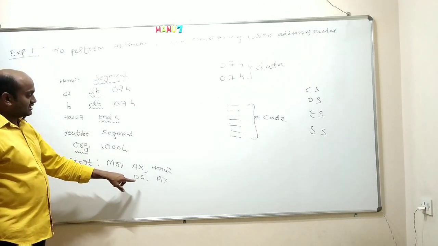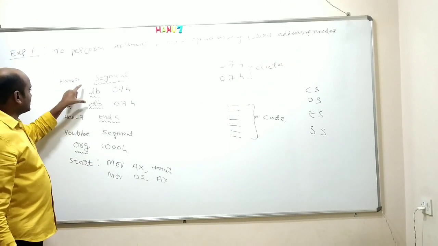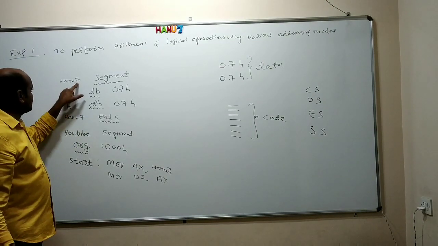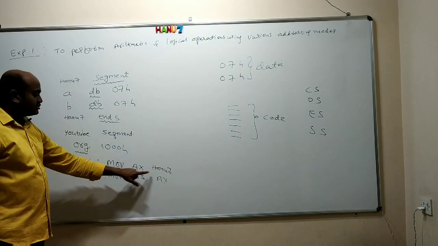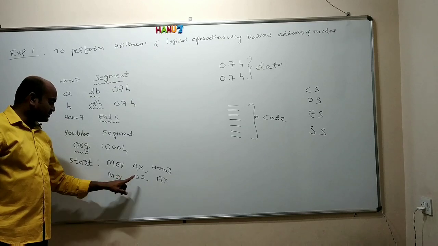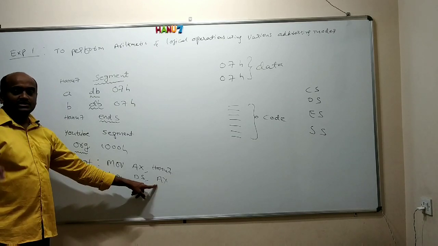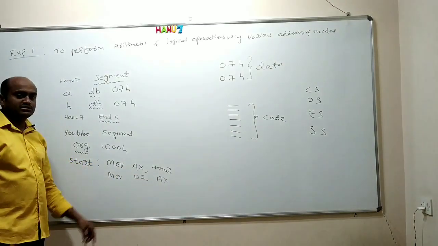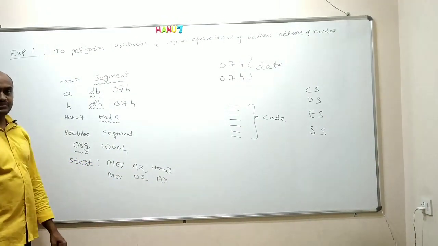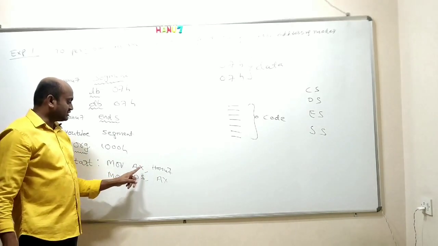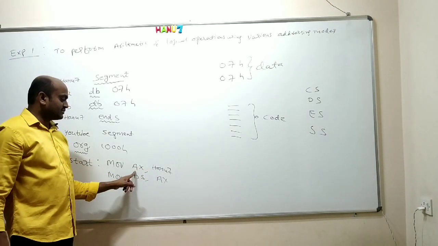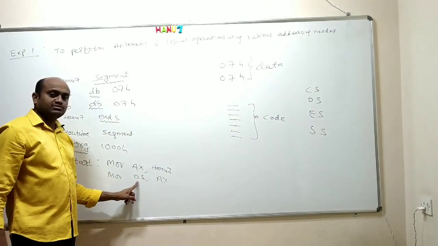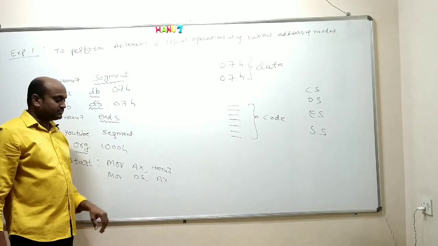In order to tell that you have to access this particular data, I have to give the address of HANU7 to DS. So I could write MOV DS, HANU7, but that is not possible. Immediate moving of a number into a segment register is not possible. That's why I moved this temporarily to the AX register. From AX I sent it to the DS register.